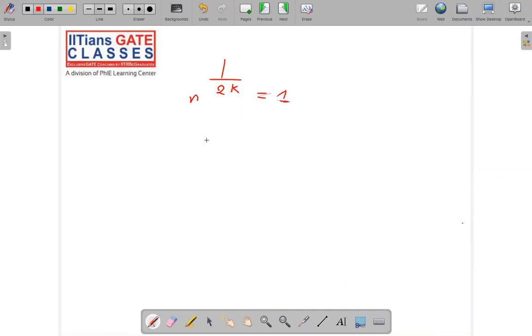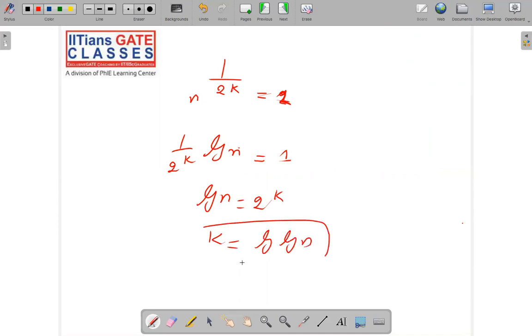Let's apply log on both sides. Once you apply log, if we apply log base 2 here, it becomes 1, and log n equals 2 raised to power k, and if we apply log again, it will become log log n.